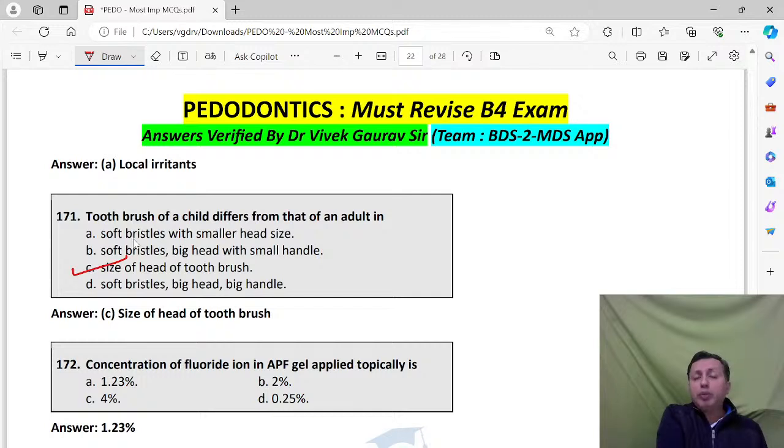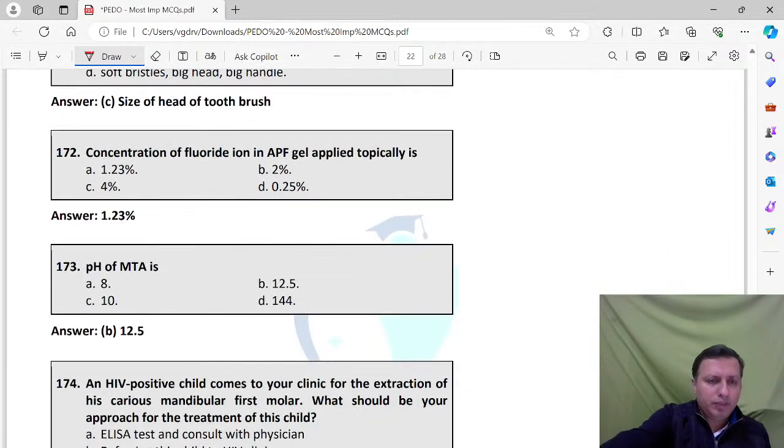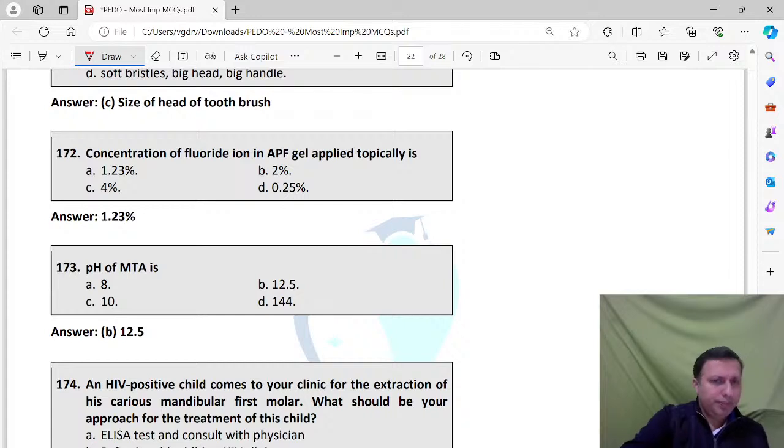Because the depth of the vestibule in children is very small compared to that of adults, we always need to use a smaller head size toothbrush. Now, what is the concentration of fluoride ion in the APF gel applied topically?